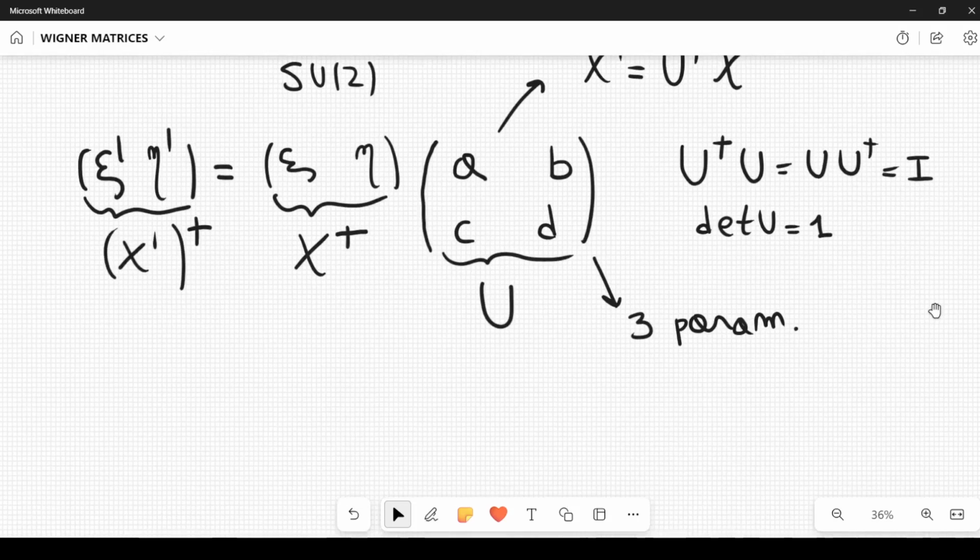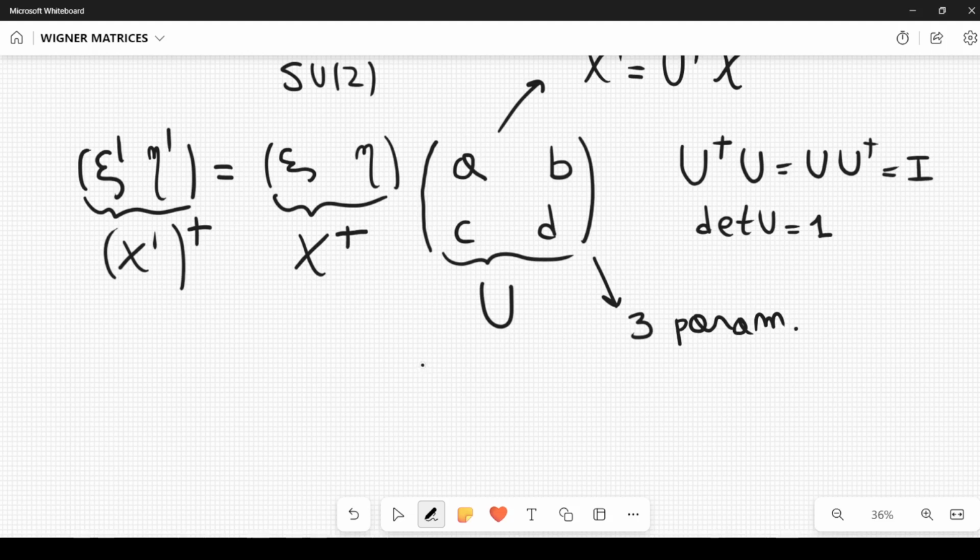And for example, these 3 parameters are related to a rotation in 3 dimensions, right? So you can think of U also as some kind of rotation. It is related to the rotation group in 3 dimensions.